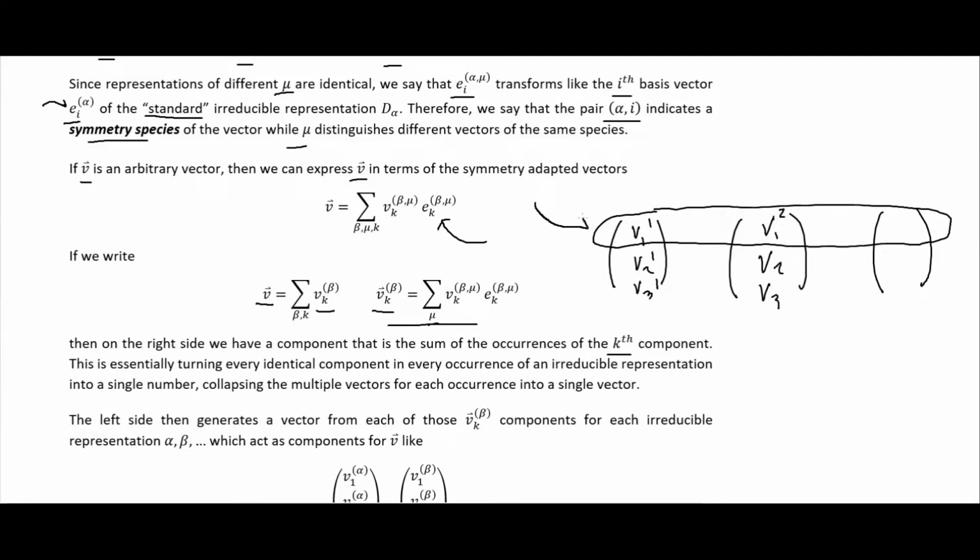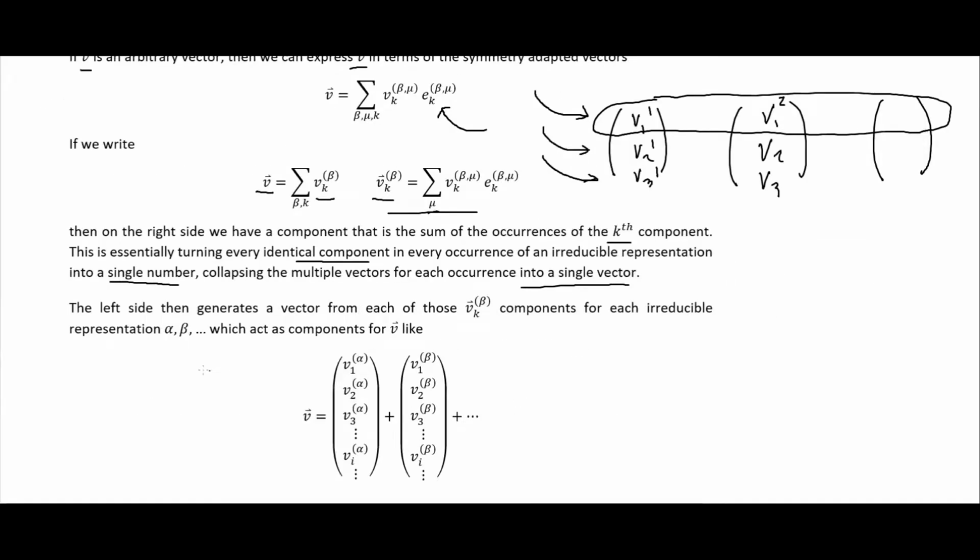The first component in our vector would be this, the second would be the sum of these second ones, and the third would be the sum of the third basis vector from each occurrence. So this is essentially turning every identical component in every occurrence of an irreducible representation into a single number, collapsing the multiple vectors of each occurrence into a single vector.